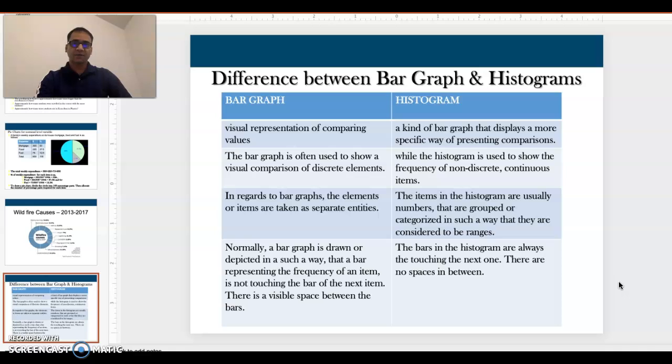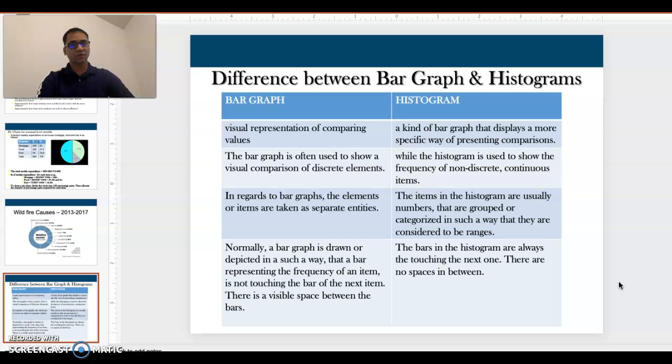The bar graph is often used to show a visual comparison of discrete elements, while the histogram is used to show the frequency of non-discrete or continuous variables or items. In a bar graph, the elements or items are taken as separate entities. However, the items in a histogram are usually numbers that are grouped or categorized in such a way that they are considered to be ranges.